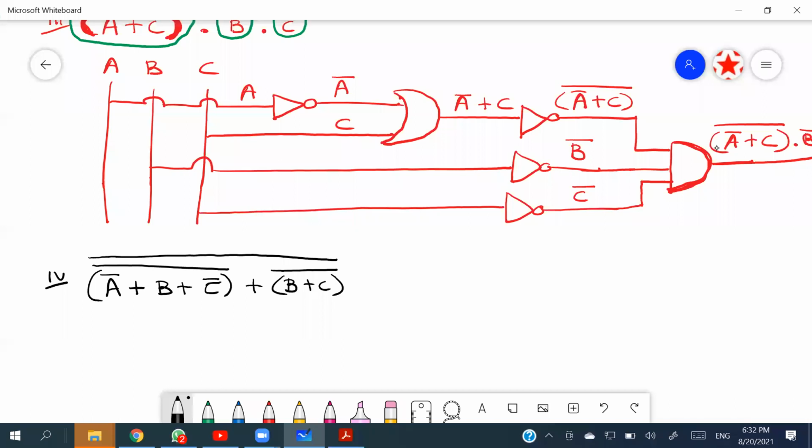So if we use the dash to write this particular equation, we can write it like this: A dash plus B plus C dash, then outside a dash, plus B plus C at the outside, a dash, then having this big bracket, and there is a dash outside as well, right? So the same thing expressed in a different manner.